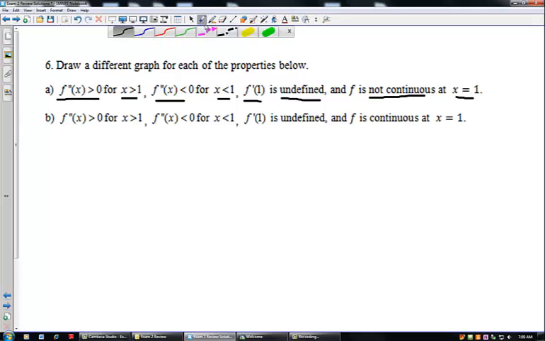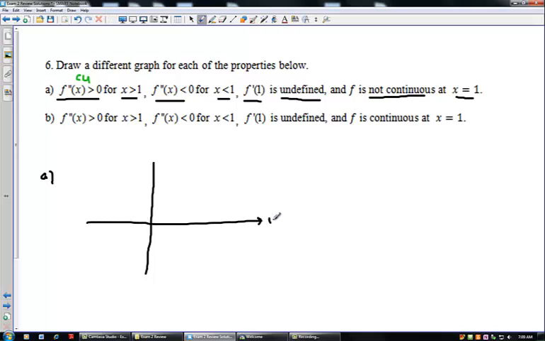So let's sort of decipher this a little bit. So f double prime greater than 0 for x bigger than 1. What does that mean? That means it's concave up for x bigger than 1. So if I'm going to make a graph of this, I'll draw my x and my y-axis. It looks like I have a problem here at 1. So I'll put 1 right here.